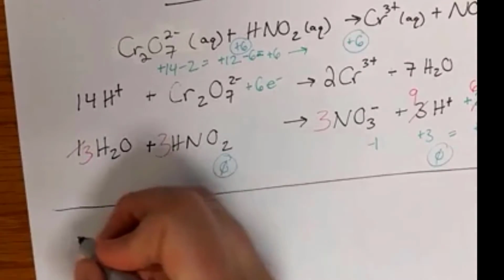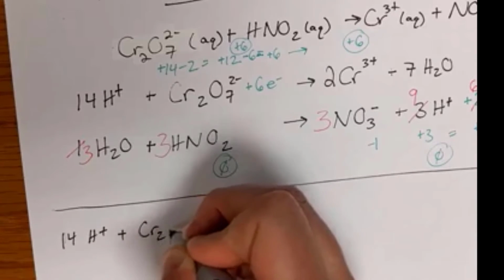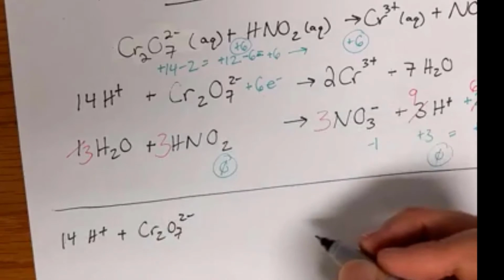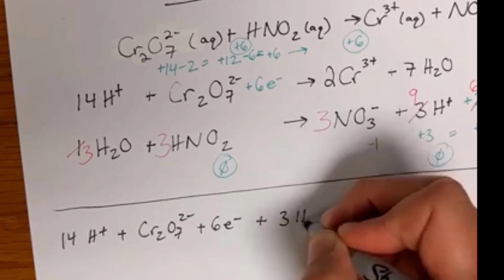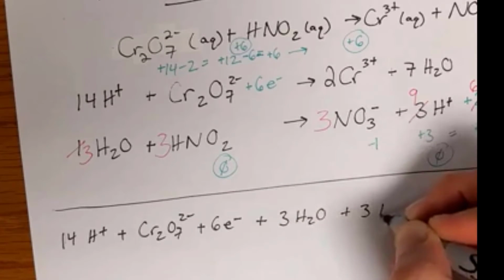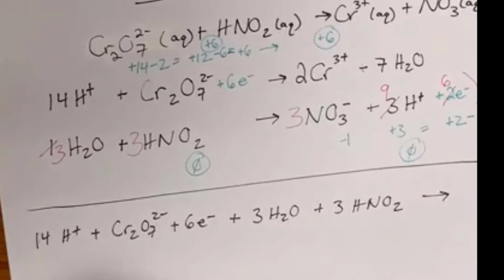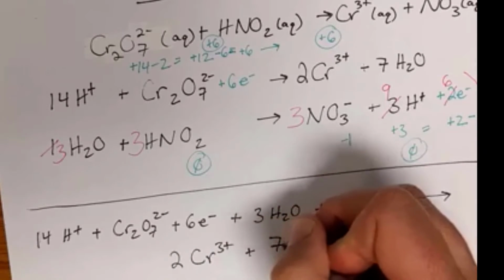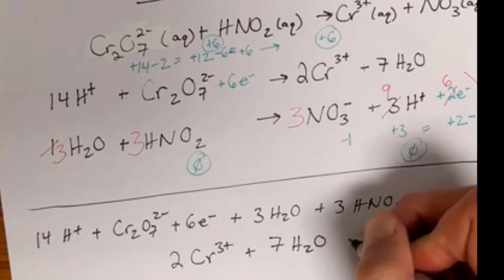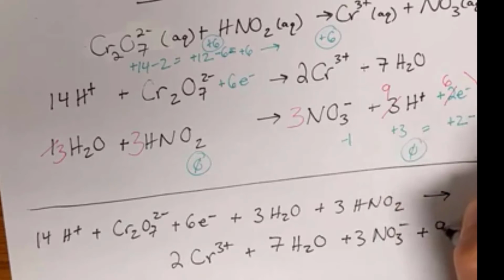So adding them all together, I've got 14 H+ plus Cr2O7 2-, plus 6 electrons, plus 3 waters, plus 3 HNO2, yields, and I'm just going to have to put this on a different line because I'm running out of room, 2 Cr3+, plus 7 H2O, plus 3 NO3-, plus 9 H+, plus 6 electrons.